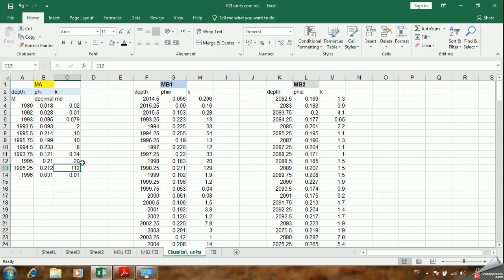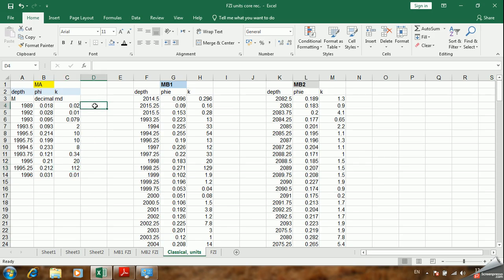So if we drill in the future a new well in a definite location, I can use this equation to find the permeability depending on the core values of that unit.